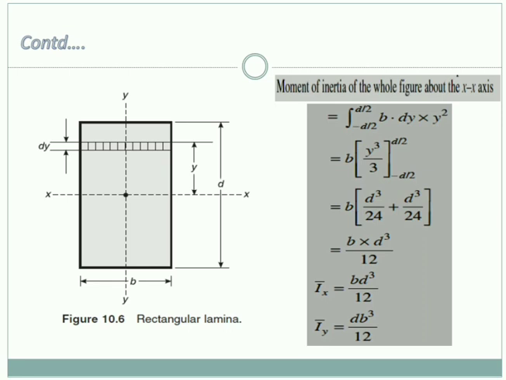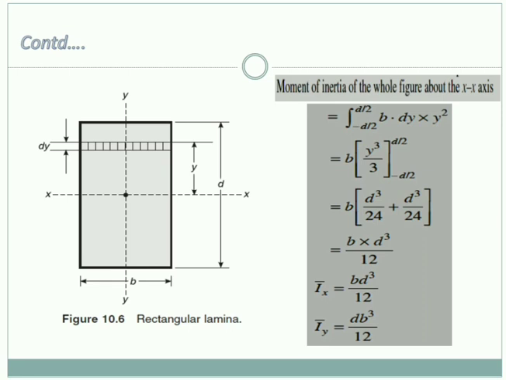So when we substitute the upper and the lower limit and solve, we get Ix is equal to bd cube by 12. So the moment of inertia of a rectangular figure about its horizontal centroidal axis is nothing but Ix is equal to bd cube by 12.